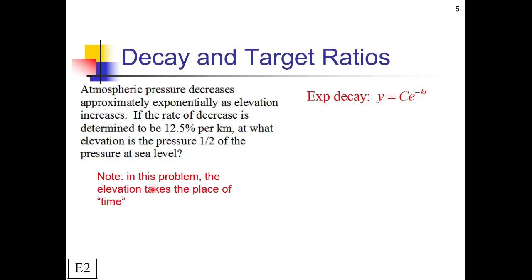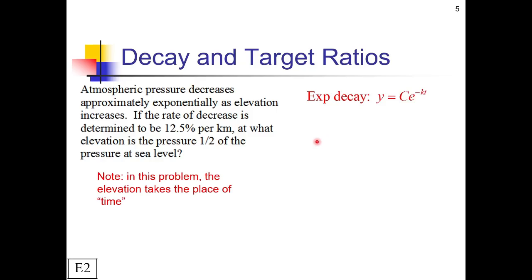In this problem, elevation is taking the place of time. So that means that in this problem, we're trying to solve for this t value because we want the elevation here. So that's one other piece of trickiness that you're going to have to work around. In order to get this t out of the exponent, you may need to use logarithms or something like that that you learned in a past course.